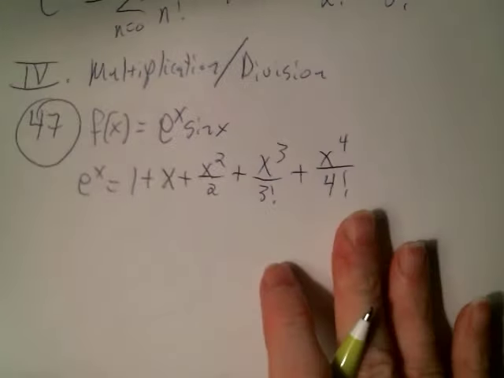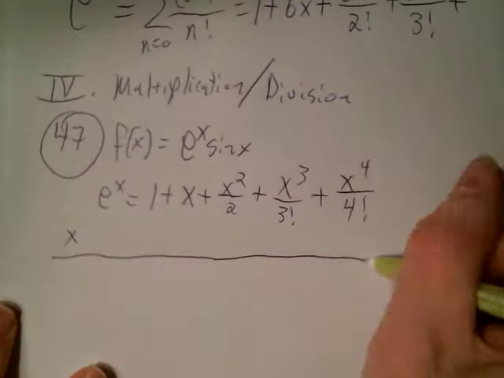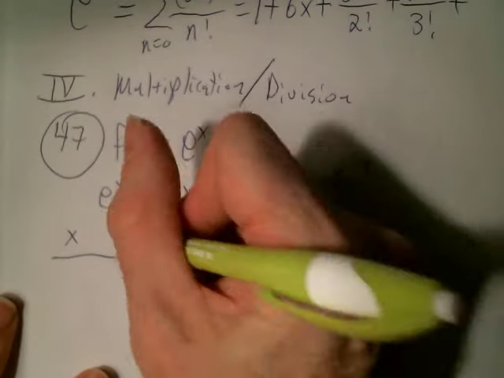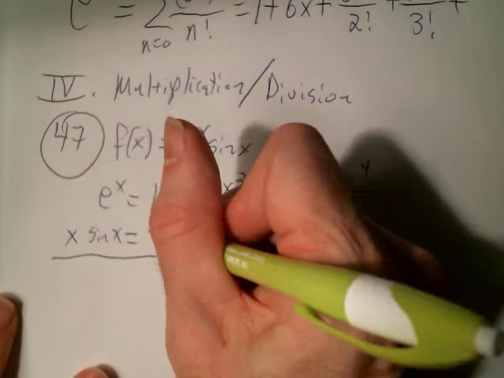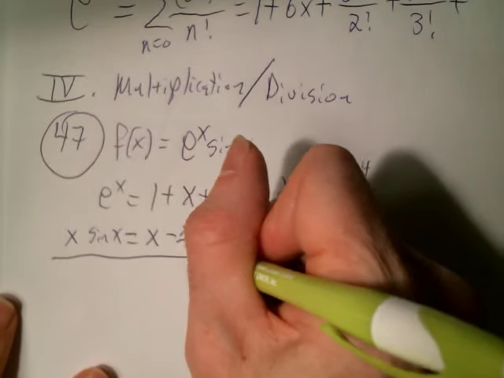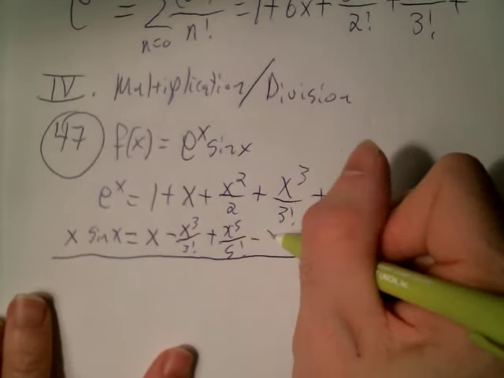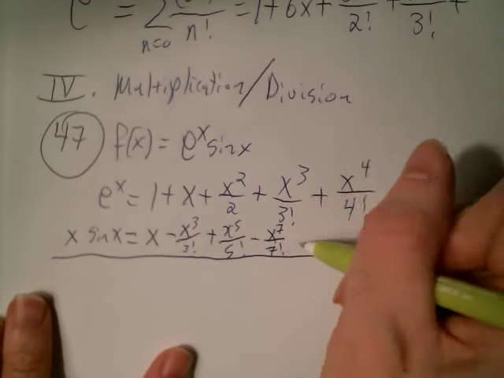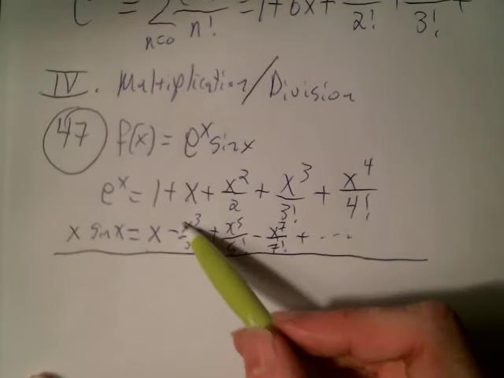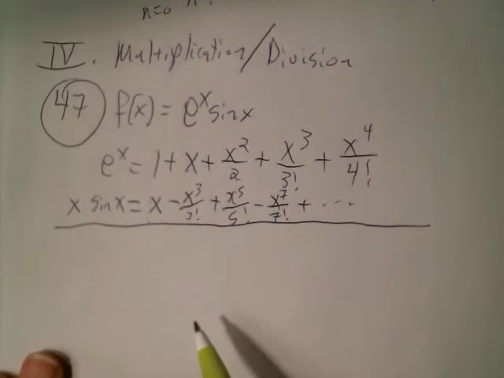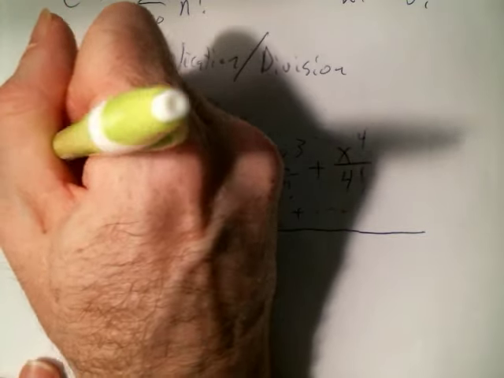And then right below it, just like you did back in elementary school, you're going to multiply it by the Maclaurin series for sine of x, which in this case is x minus x cubed over 3 factorial plus x to the 5th over 5 factorial minus x to the 7th over 7 factorial, etc. So how does this work? Well, you just literally do a distribution, and then you combine like terms until you get the number of terms required, and here we want the first 4 terms.